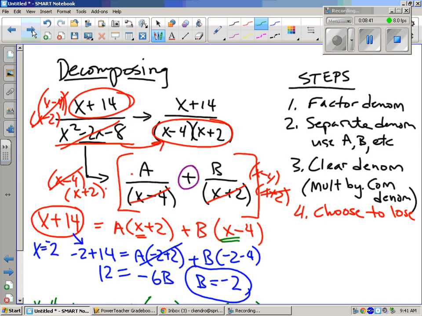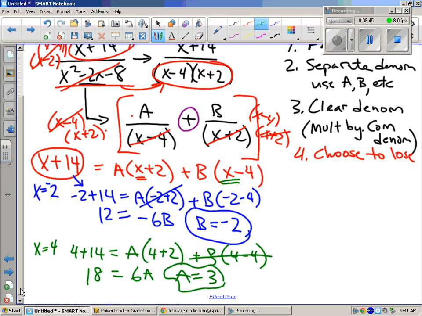Okay, so now, step 5, we kind of already did, solve for the variables a and b. Step 6, we kind of already did too, is repeat steps 4 and 5 until all your variables are found.